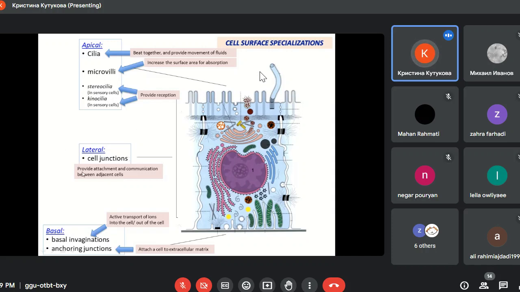Cell junctions provide attachment and communication between adjacent cells. And on the basal surface, basal invaginations or basal labyrinth is for active transport of ions into the cell or out of the cell. And anchoring junctions, which are hemidesmosomes, are for attachment of a cell to the basement membrane.